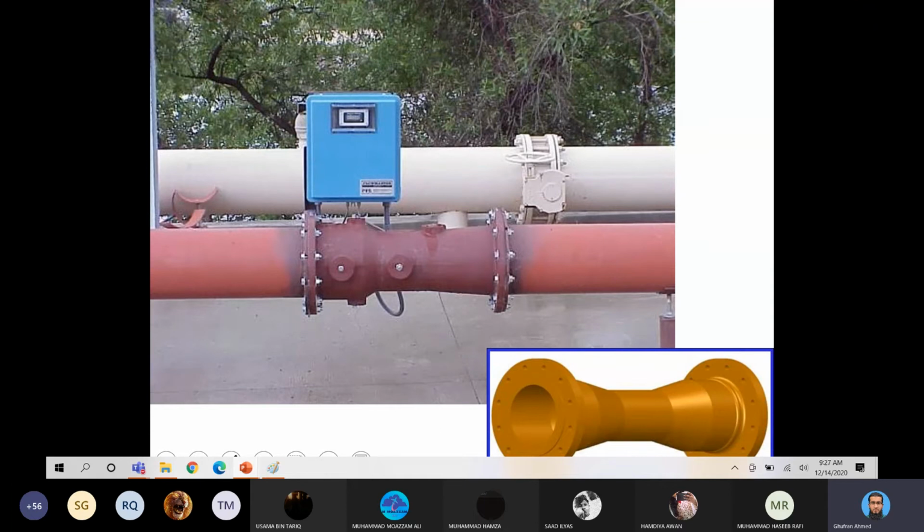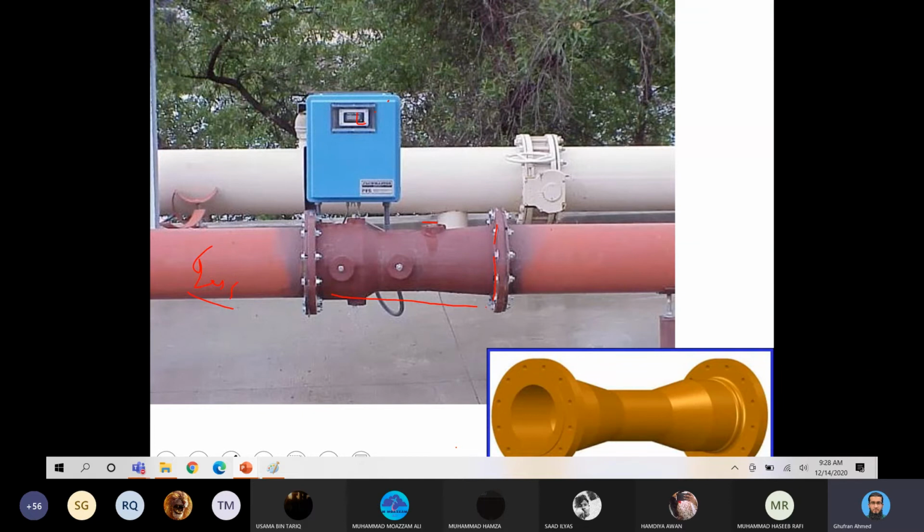Just like this is the practical picture. So this is, say, some gas pipeline, and in this pipeline we just fix this Venturi meter, and it has some digital measuring device. From this reading we are actually able to find out how much gas, or say water, is passing in this pipe.